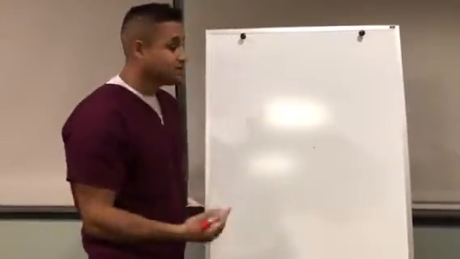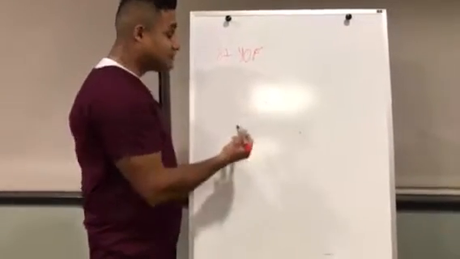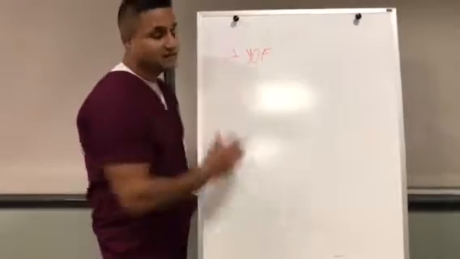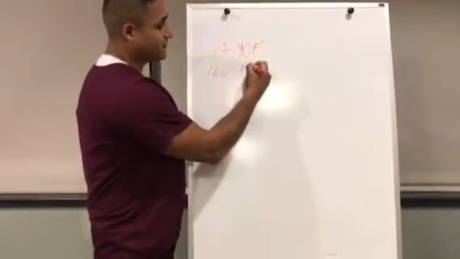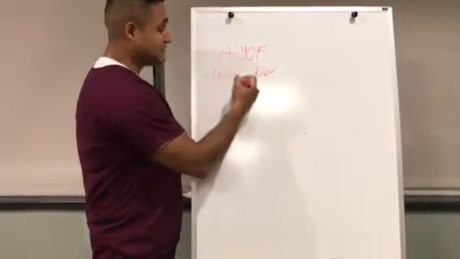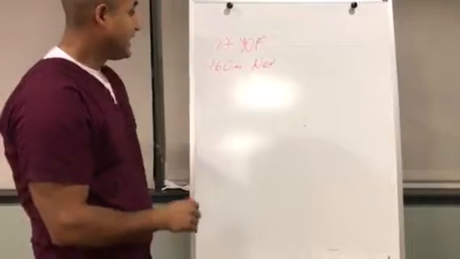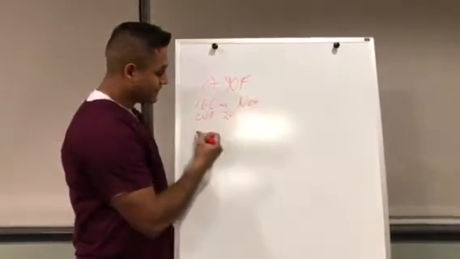I'm walking into my shift, and I have this 87-year-old female, intubated, and the settings on the vent don't really matter right now. She was receiving phenylephrine, we call it NEO, running at 160 mics per minute. The CVP was 20.